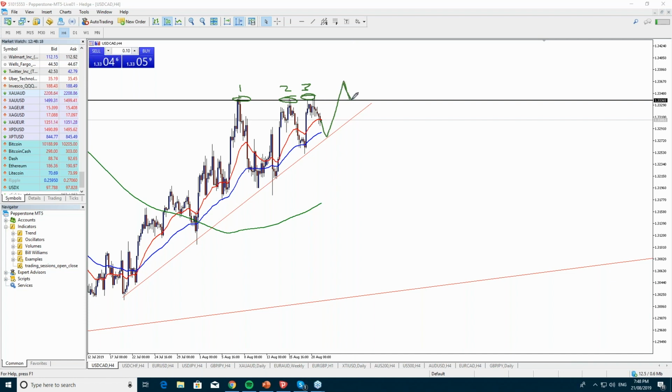If it breaks through and comes and tests this zone, this is one of those higher probability technical analysis techniques where you generally get better entries, Tyrone, and you're also more likely not to have that aggressive thing where you see a break, you take the break, it comes back against you, gives you a bit of a heart attack because you go, oh no, it's coming back, and you start to worry about your trade and you're not as confident in it.